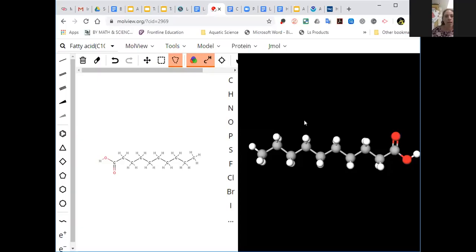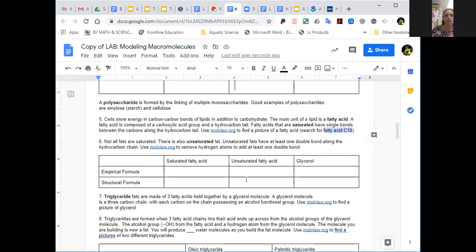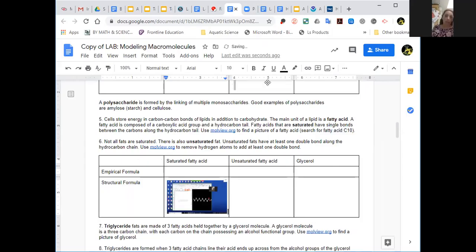And so here we have our fatty acid. We can see we've got our carboxyl group over here and our long chain of carbons. So I'm going to take my picture and paste it here for my saturated fatty acid.